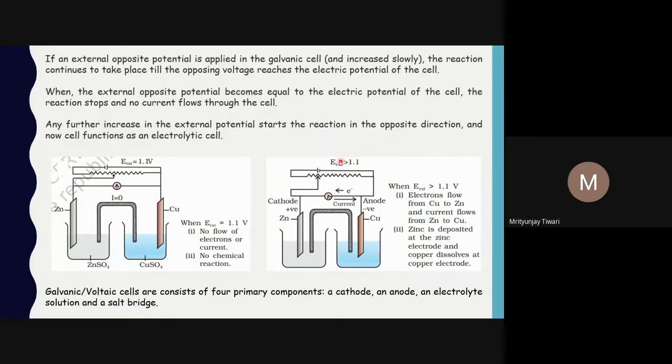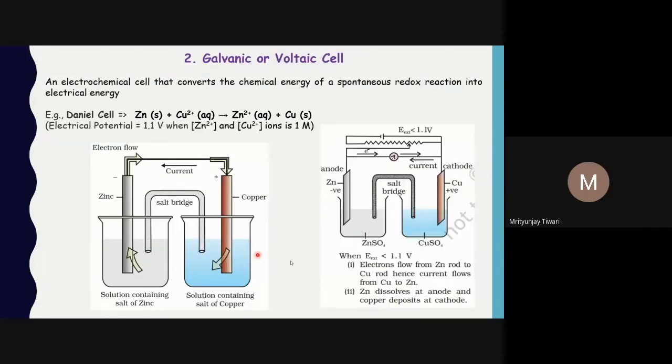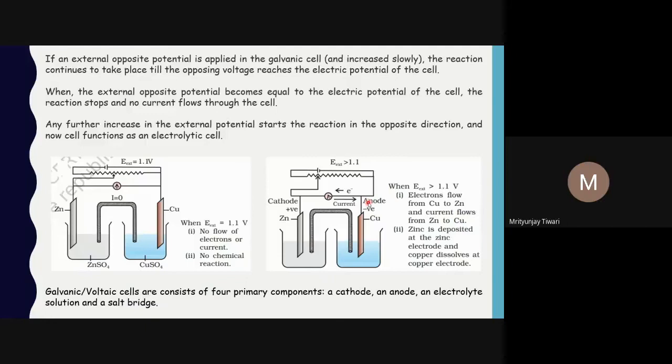If the external potential is more and in the opposite direction, usually you can see here this was positive and this was negative. Now once you add the opposite external potential, because of the wires connected, this will become negative and this will become positive.